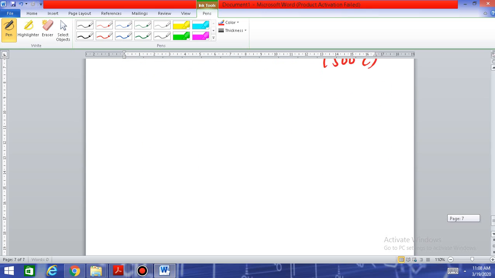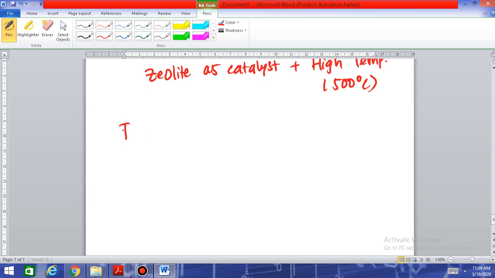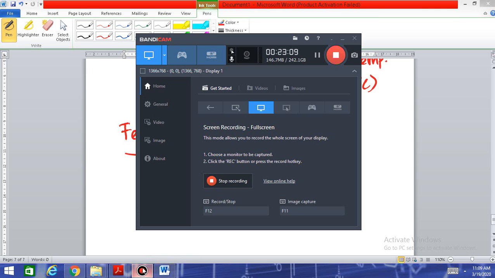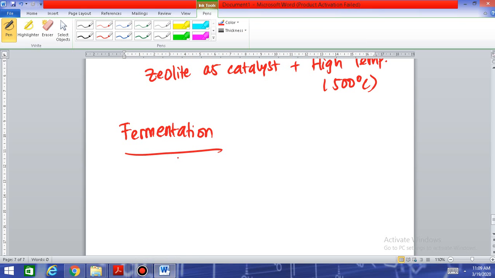Okay, next, about fermentation. Glucose or simple sugar is converted into alcohol, in this case ethanol, and the other product is carbon dioxide.